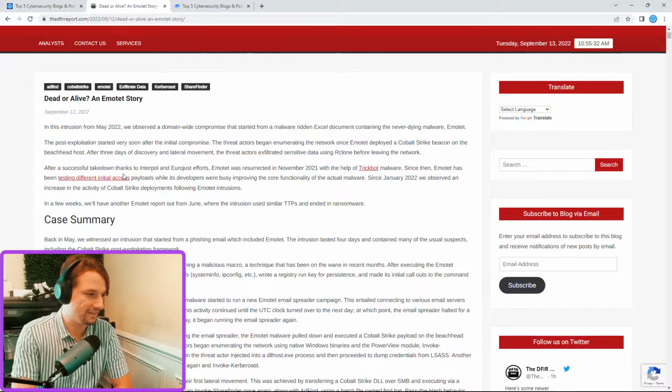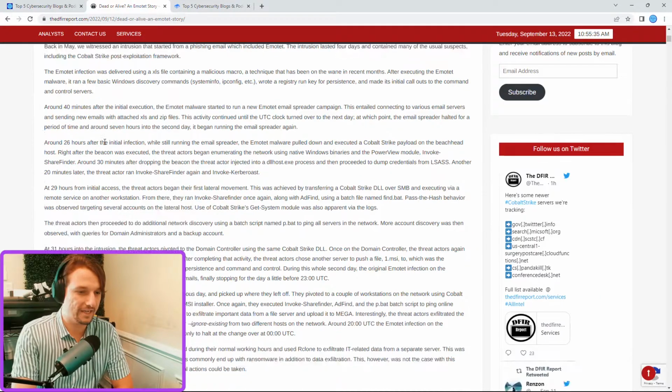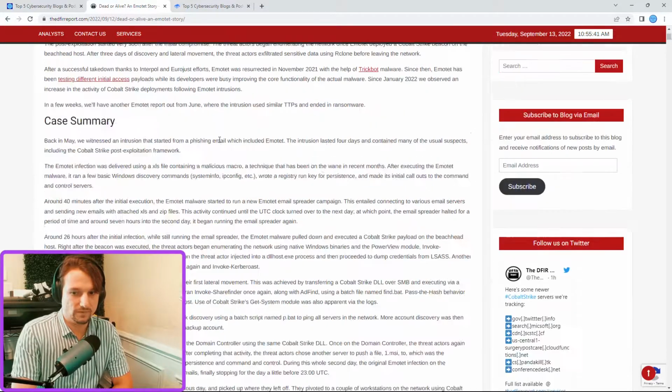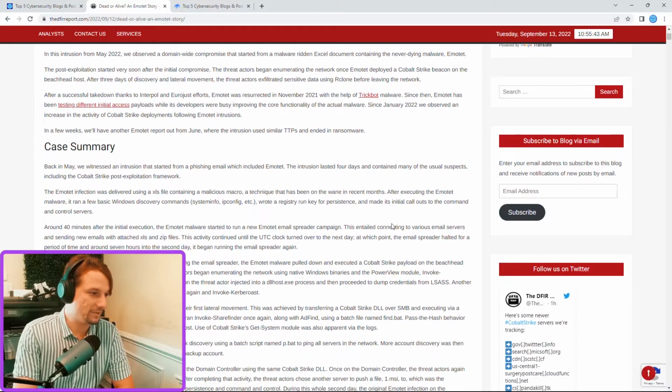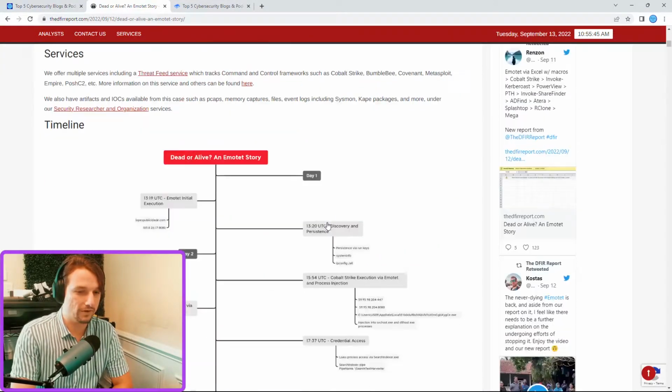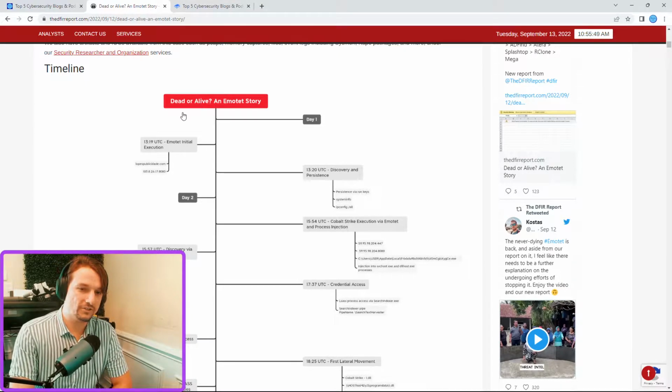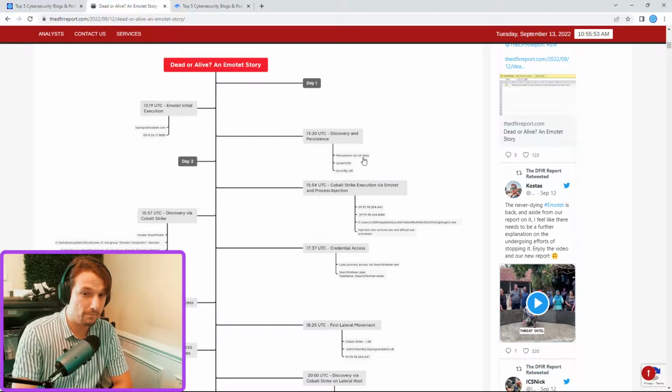I won't read all this, I'll let you go read it, but they give you a case summary. They talk about their services, of course, the DFIR Report, so I recommend supporting them because they're doing great work. And then they have a timeline. This is so cool, where they're showing you day 1, this is what happened, day 2, and they even show you commands that were run, right?